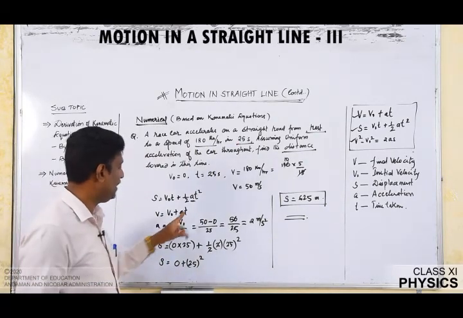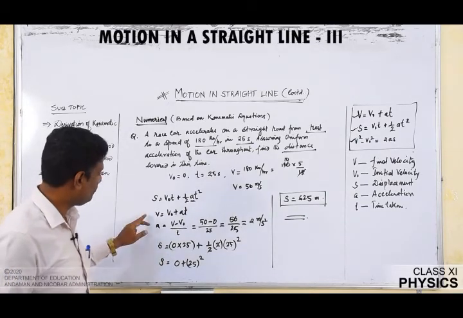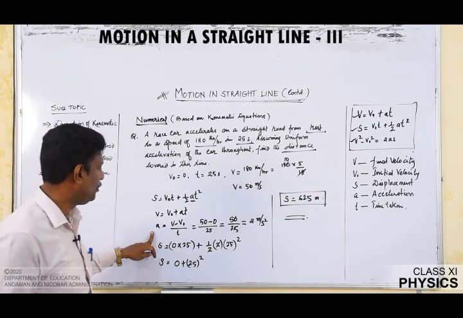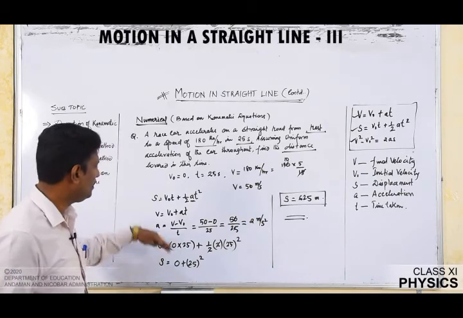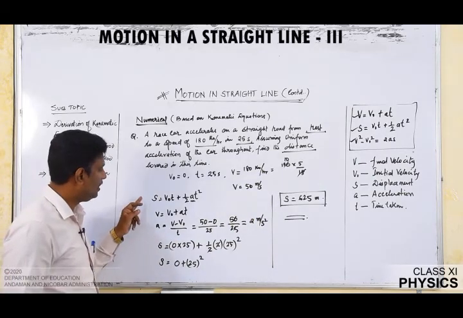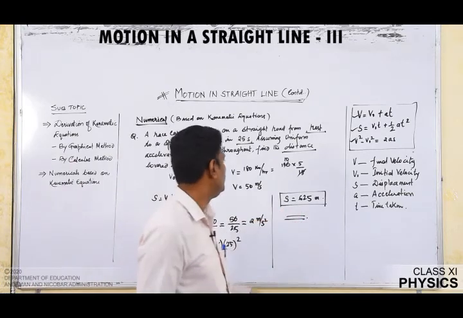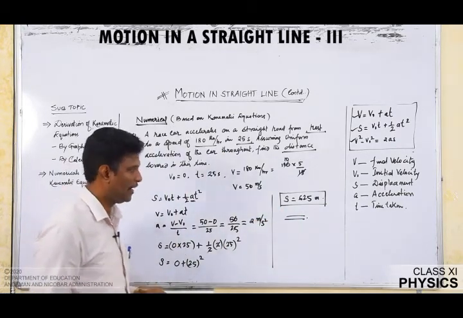We find that a is not given. So, we go for the first equation, v is equal to v naught plus a t. From this equation we can calculate the value of a, that is 2 meter per second square. Putting the value of a in this equation, we get s is equal to 625, the total distance covered in these 25 seconds.